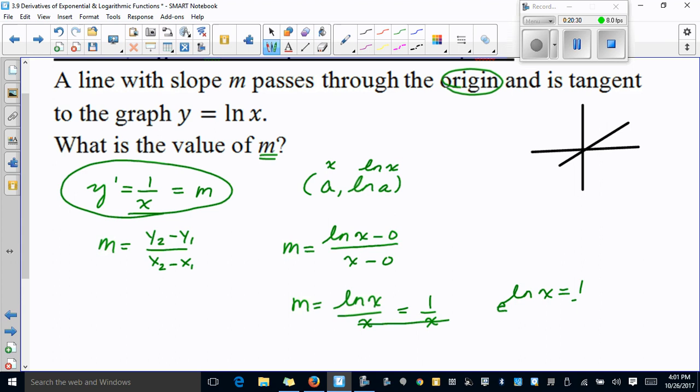So now we know what the slope is. y prime equals 1 over x, which is equal to my slope, and x equals e. So I'm just wrapping it all up now. x equals e, so my slope is 1 over e. There's my slope. That's all they asked you for. What was the value of m? m is 1 over e.